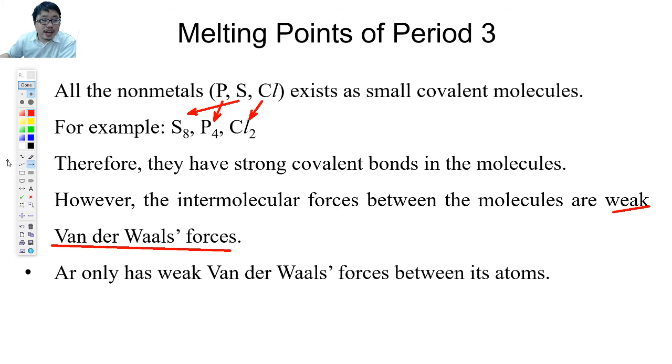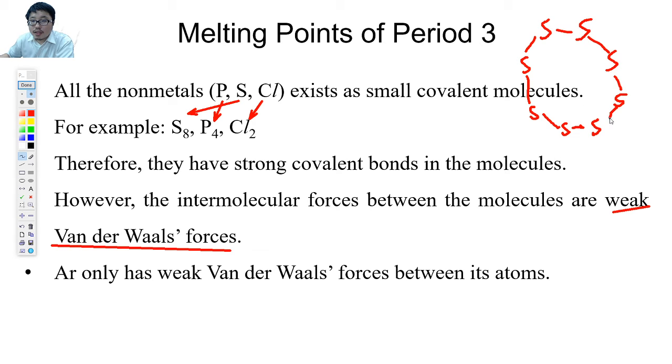Now, you may be wondering how S8 exists as a covalent molecule. It exists like this: S bonded to this S, bonded to this S. So this is actually an S8 molecule.